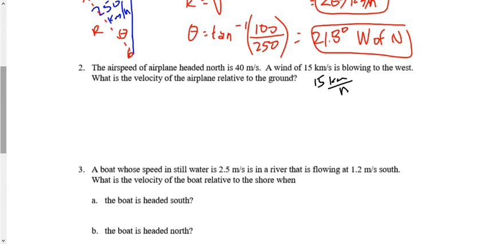But understand that that's like an unrealistic speed of a wind, right? 15 kilometers per hour makes much more sense. If you're doing it in kilometers per hour or meters per second, it doesn't really matter which unit you use. But what am I about to say? It doesn't matter whether you use kilometers per hour or meters per second in these questions. But what's the but?